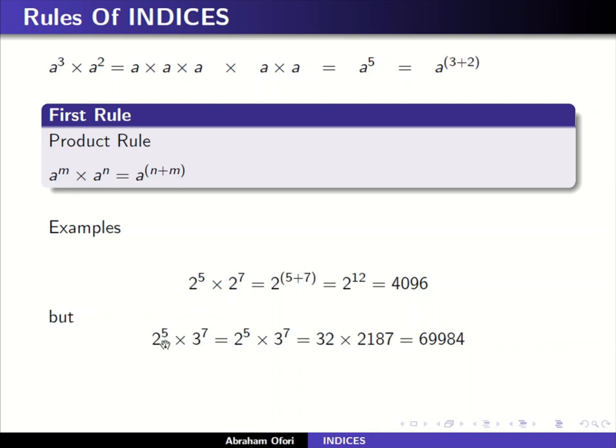But if you have something like 2 to the power 5 times 3 to the power 7, I can't add these because they are of different bases. I can simply simplify this, which is 32, and simplify this one, and multiply like this. I'm just showing that if the bases are not the same, there's no way you can add the powers. Just put that in mind.